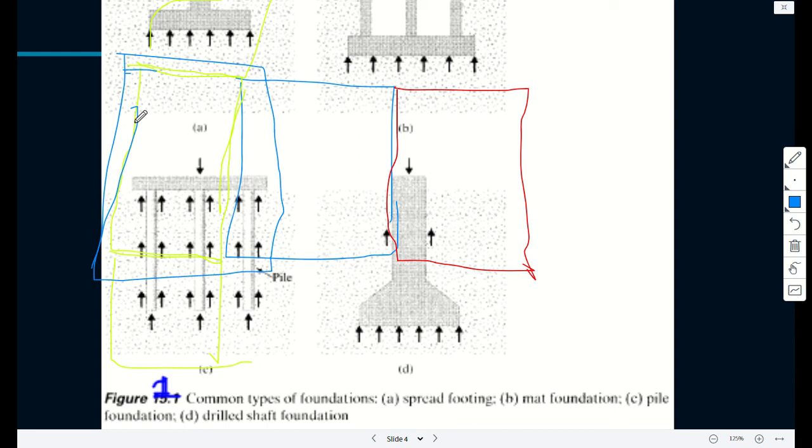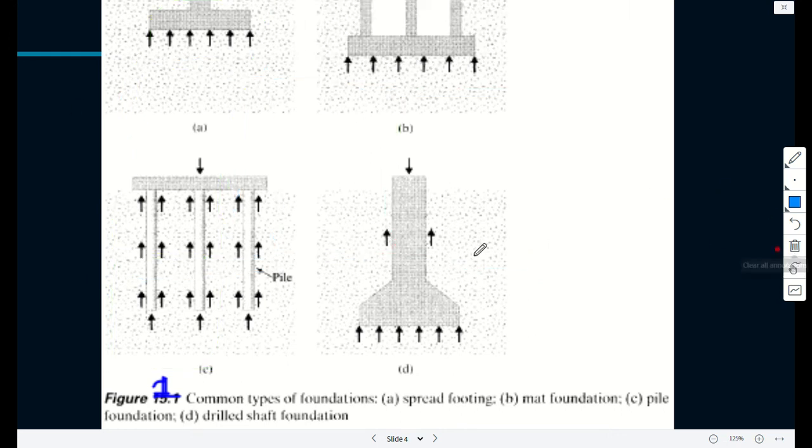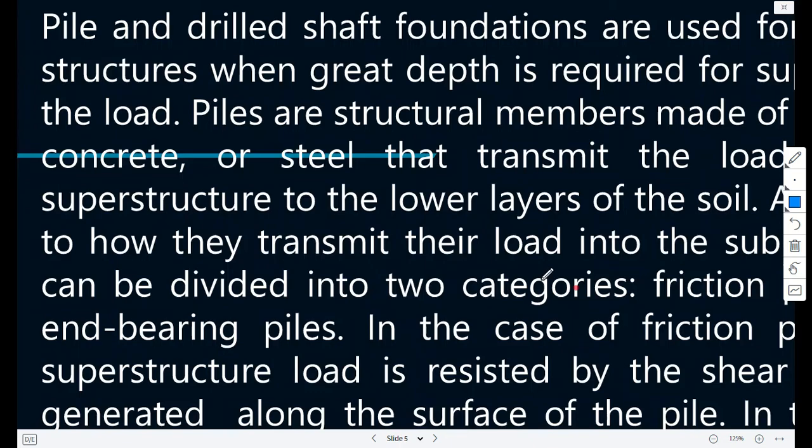So the mat foundation is good for soft soil, but when you have the space. Otherwise, if you don't have the space, then you cannot do that. But anyway, the idea is just to spread the foundation over a larger area so that you reduce the stresses experienced by the soil.